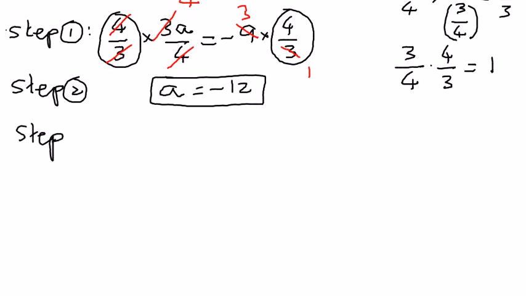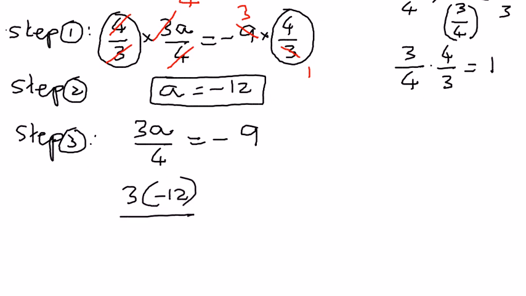Step number 3. Here, the given equation is 3a over 4 is equal to negative 9. We have the value of a as negative 12. We'll substitute that in here: 3 times negative 12 divided by 4 is equal to negative 9.